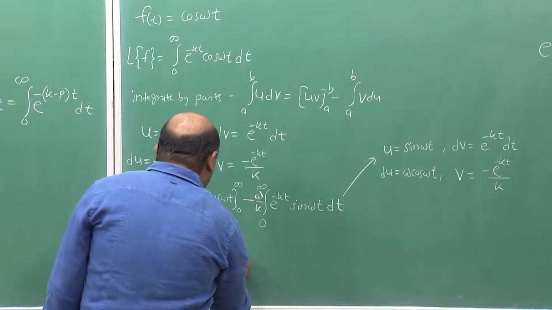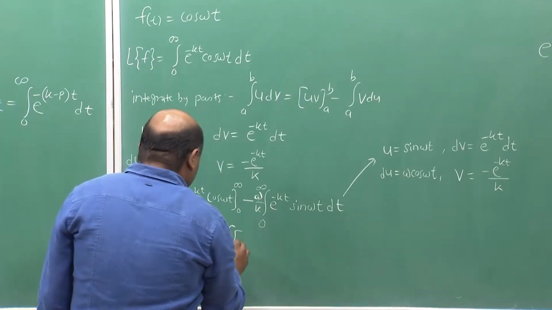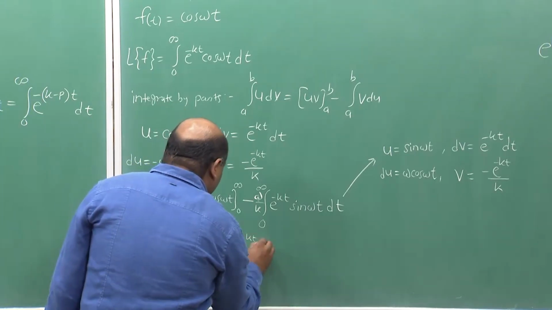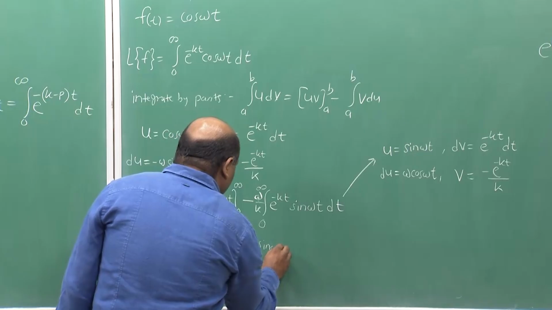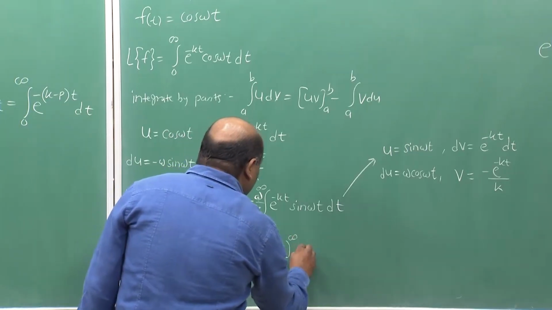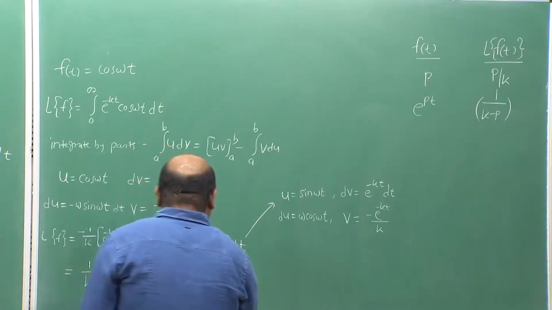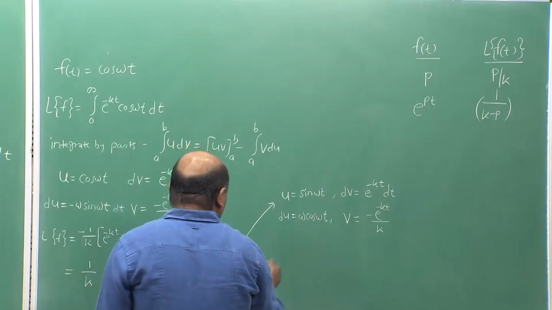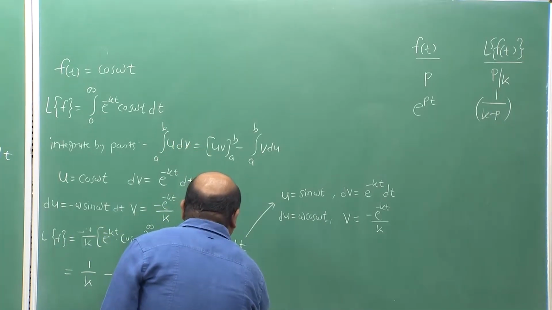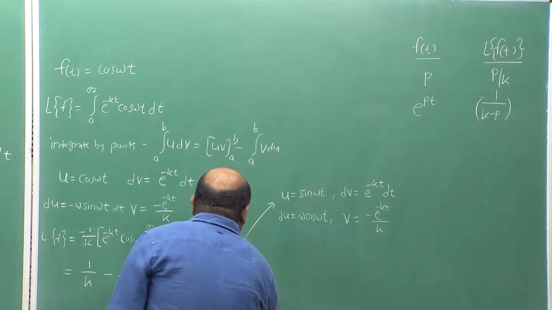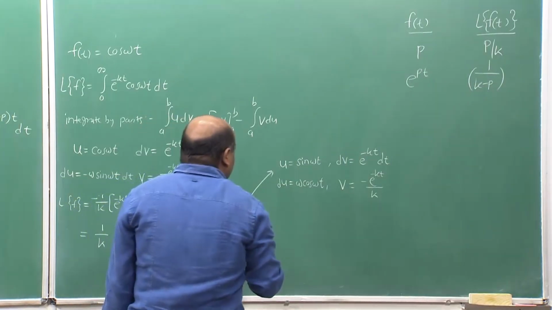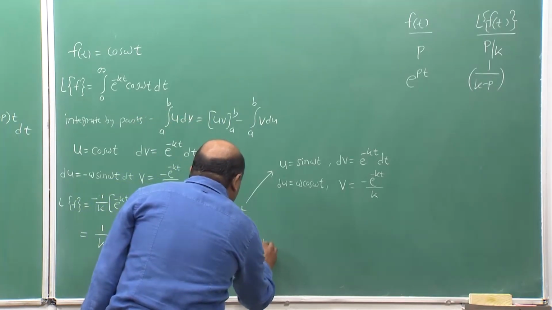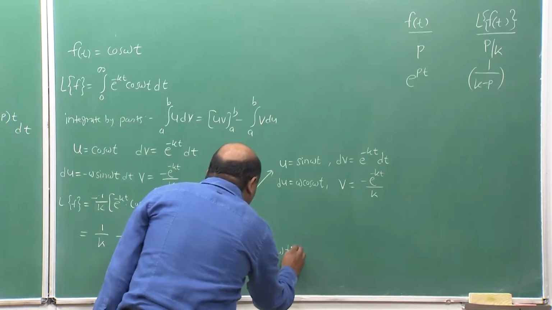So, u v is minus 1 by k times e to power minus k t sin omega t from 0 to infinity, minus plus v du, which will be omega by k integral 0 to infinity e to power minus k t cos omega t dt.